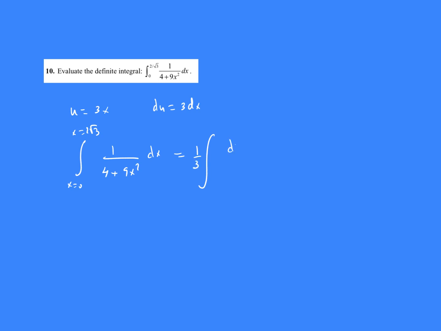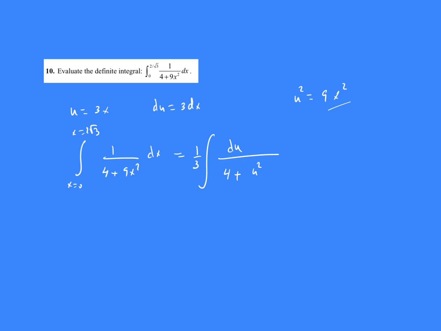dx is 1/3 du divided by 4 plus 9 times x squared. 9x squared is u squared. So plus u squared.